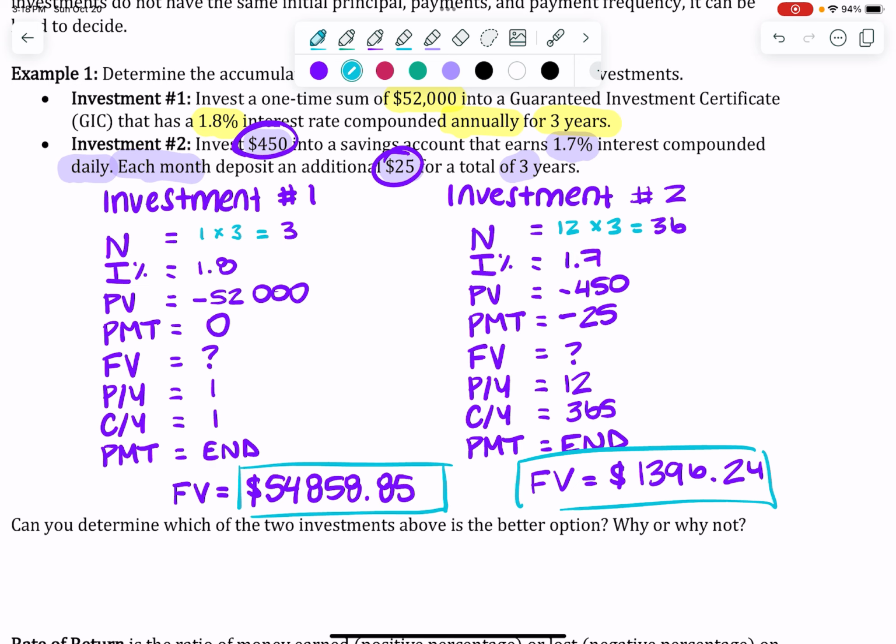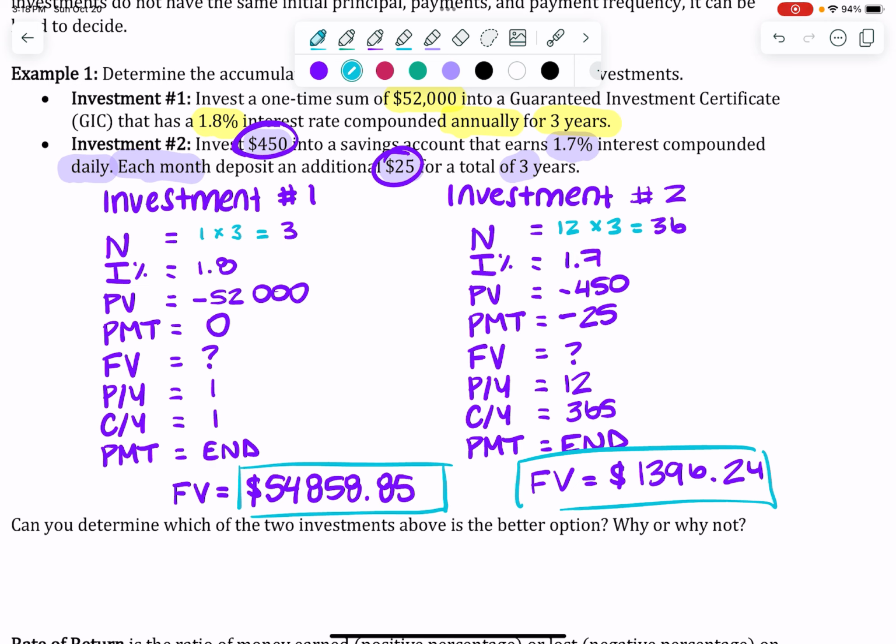Okay, now our goal here is to determine which of these options is better. But we can't just look at the final value to determine which one's better because it's not fair, right? In one case, I've invested $52,000. An interest rate is a percent of the amount that you've invested.